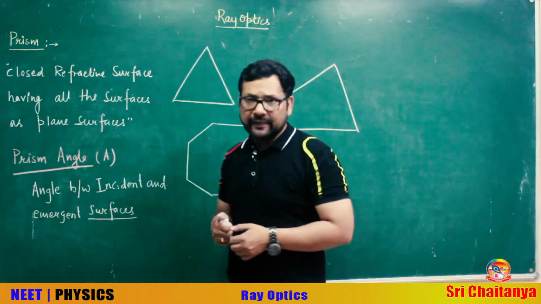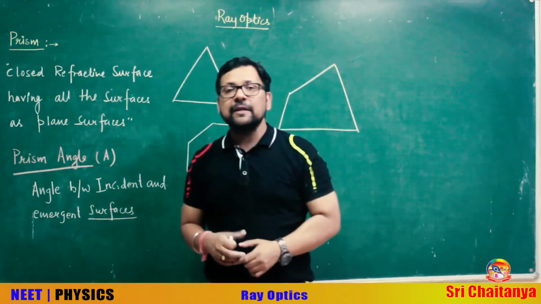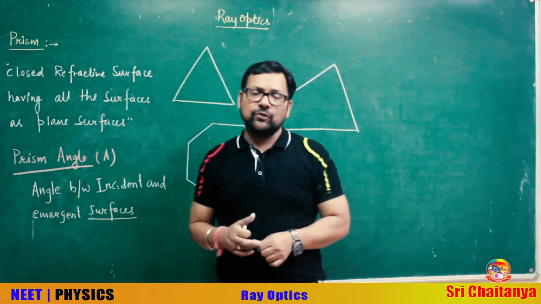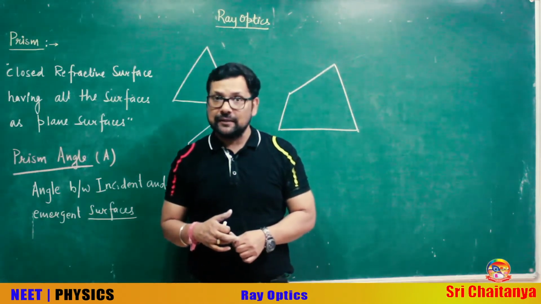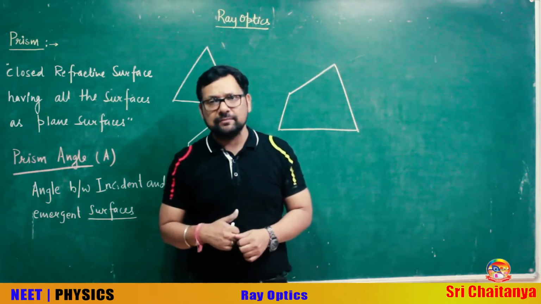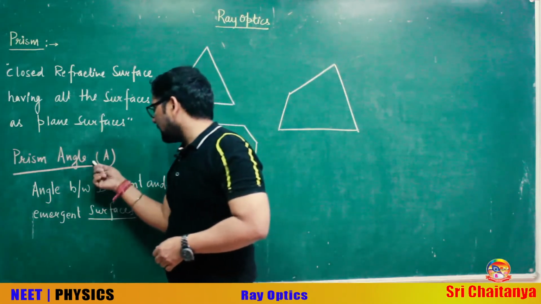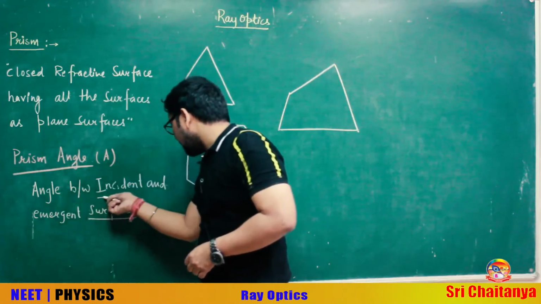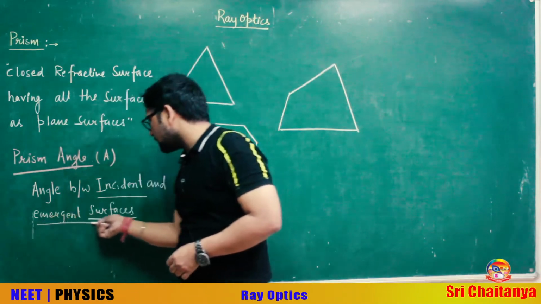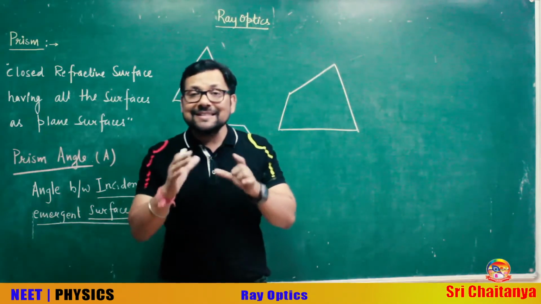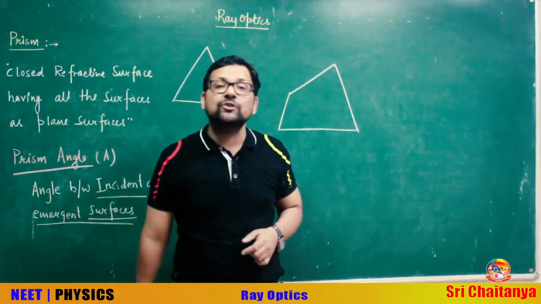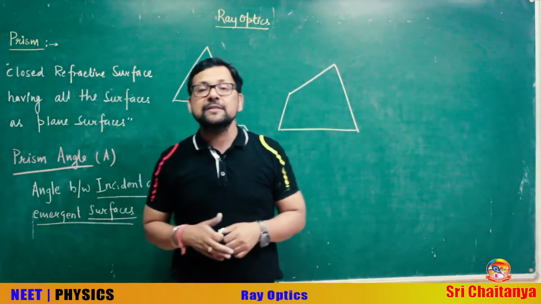All surfaces are plane. Now in a prism, in almost every formula, what you would find is the prism angle that actually characterizes the prism. So what exactly is the prism angle? That we will see: the angle between the incident and the emergent surfaces. Not incident and emergent rays, we are talking about incident and emergent surfaces.